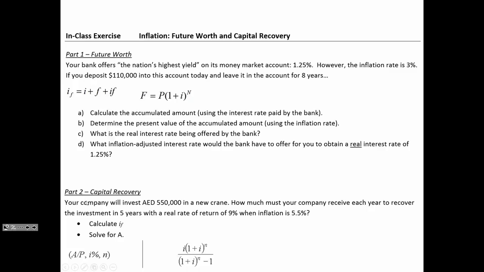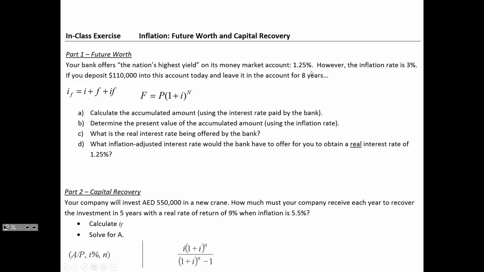Okay, so let's say that there's a money market account that's offering 1.25%. That's the market rate. And we have an inflation rate of 3%. We're depositing $110,000 at the present, and 8 years, n equals 8.